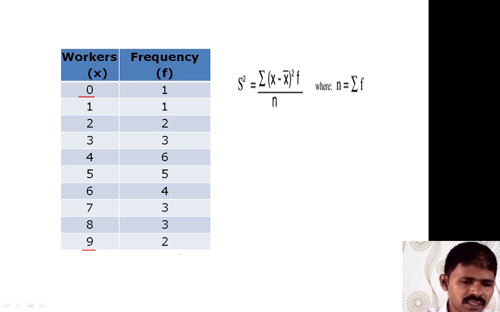So here the total frequency, the sum of frequency, is 30.